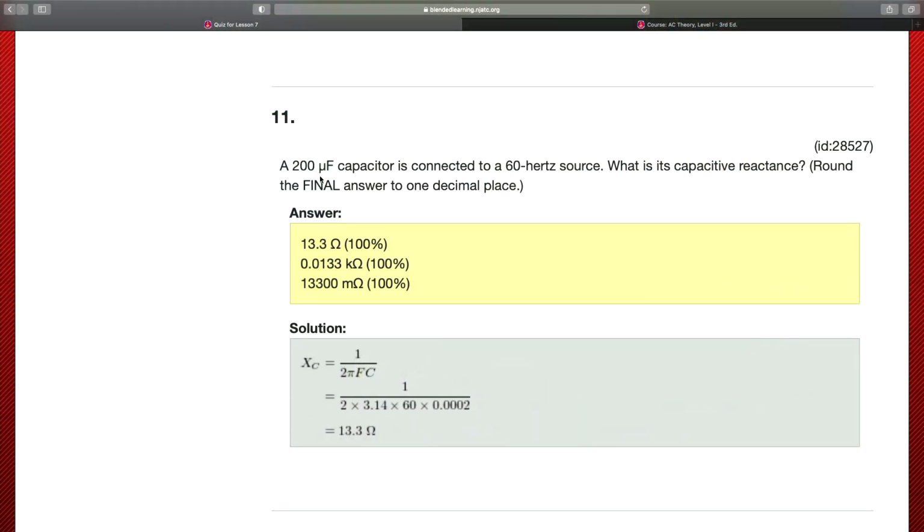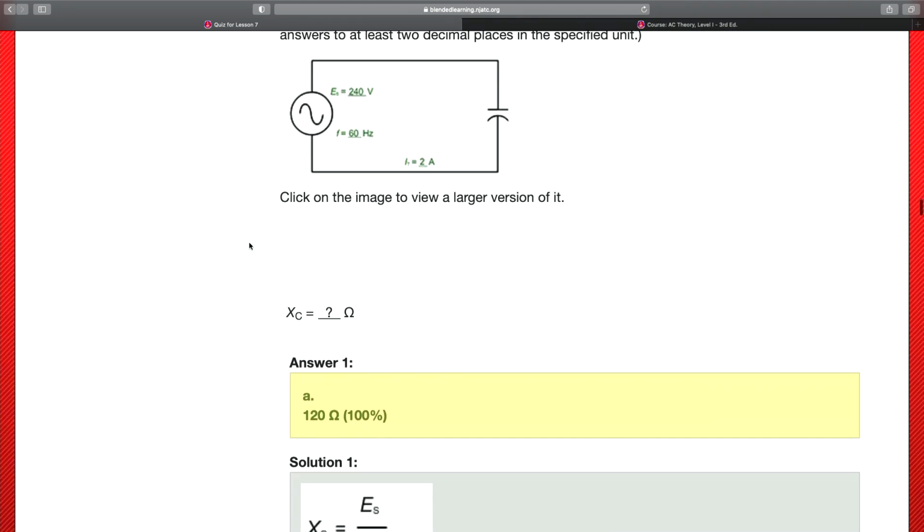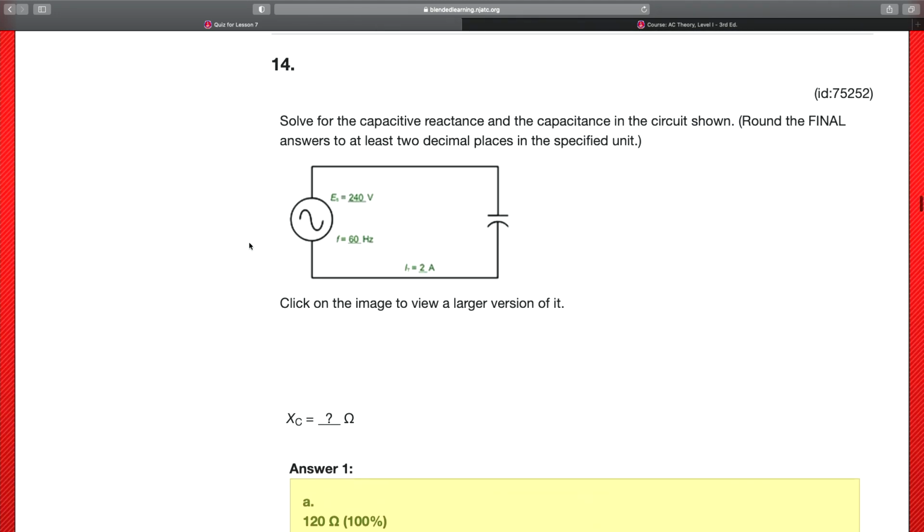So again, that was a quick run through of either using microfarads for your equation or converting it into farads. A couple of different ways to do it. Looking back at your lesson, I would like to then help you with 14, because 14 is a two-step problem where they're asking you for capacitive reactance and the capacitance of the circuit.